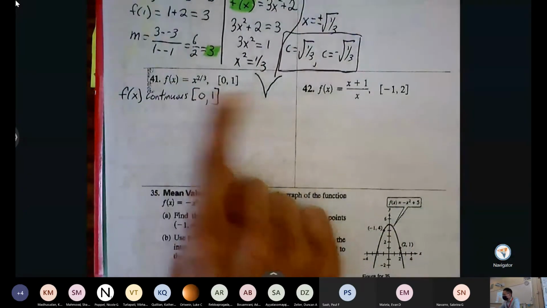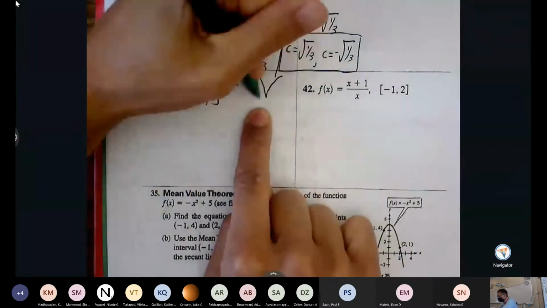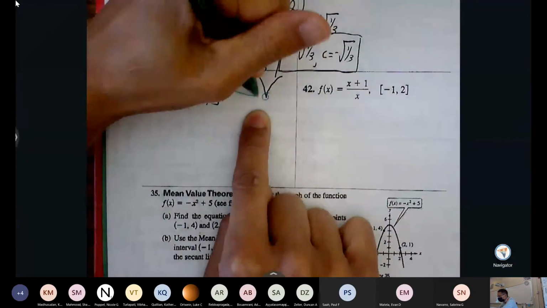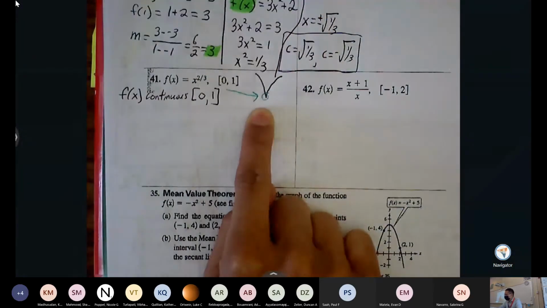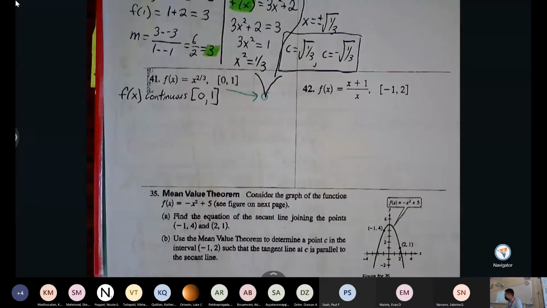But because of the nature of this function, we know that there is going to be a potential issue with sharp turns, with slope undefined. So let me write a note here. Okay.